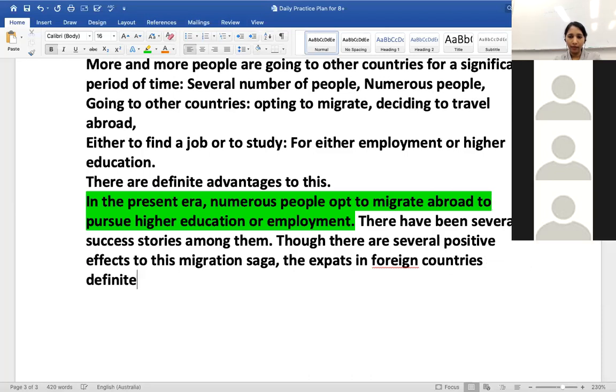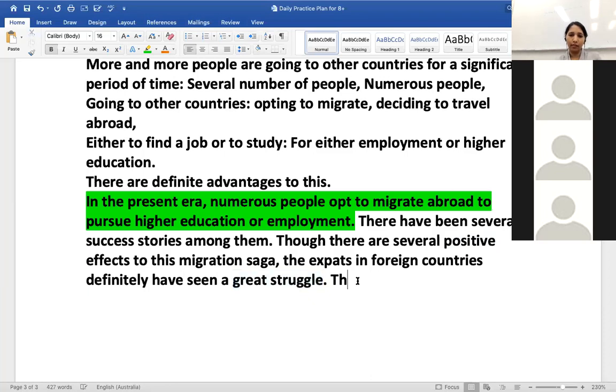definitely see a great struggle, or definitely have seen a great struggle. Then you give the reader your thing. So you are telling positives, advantages, and disadvantages.